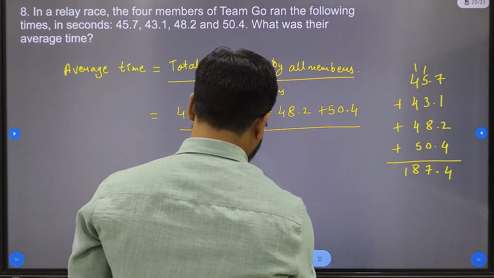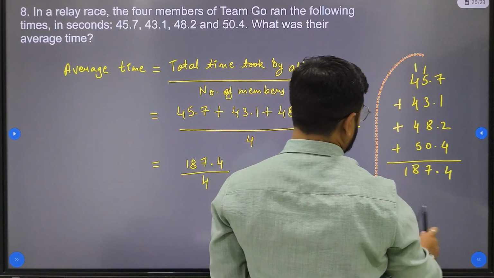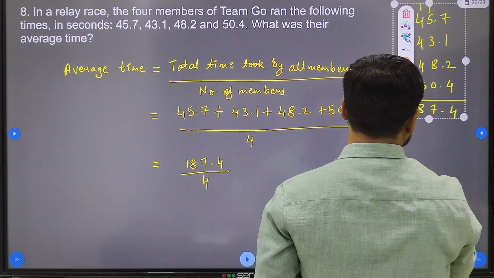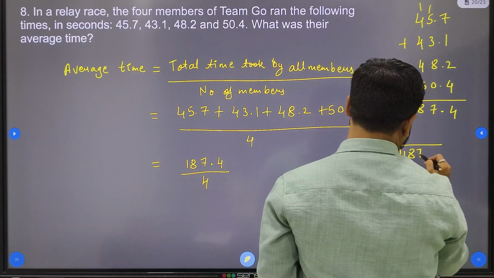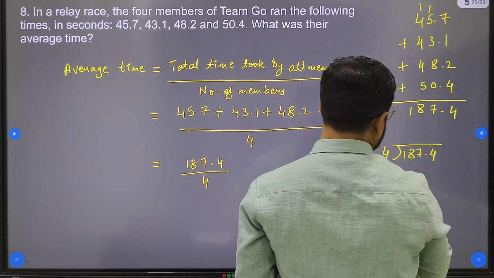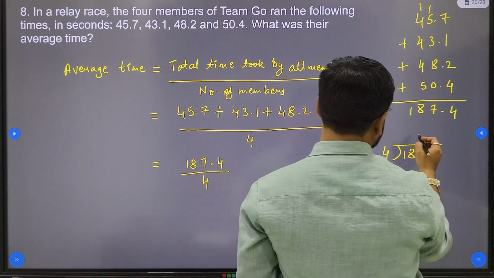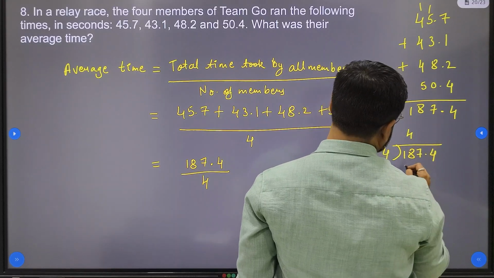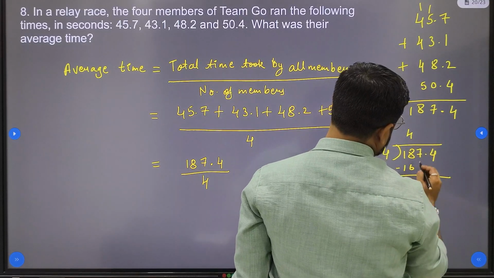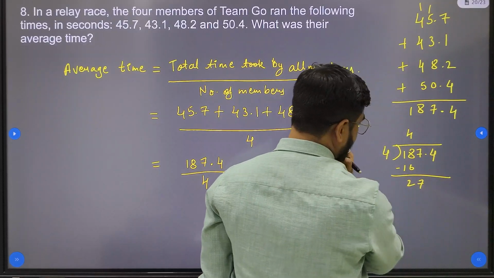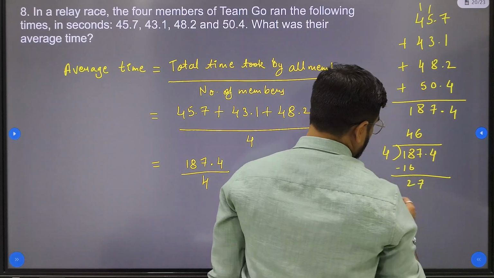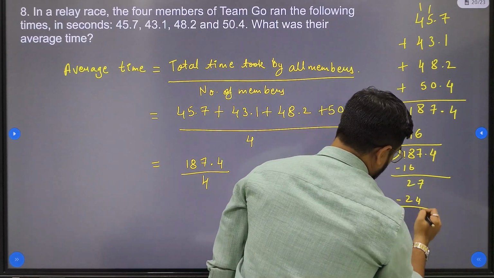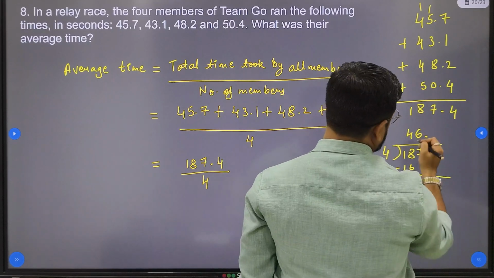So let's know the average time they took. So let's divide it. 187.4 divided by 4. 4 into 4 is 16, 7. 4 into 6 is 24. 3, the point taken above.